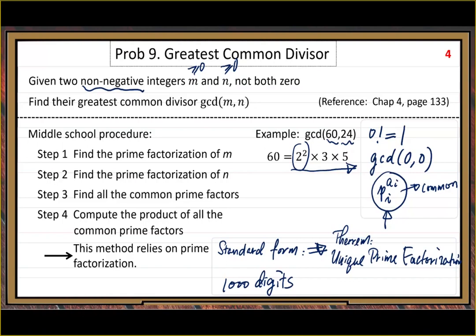Prime factorization on that 1,000 digit integer, even if you use the most powerful computer in the world, and not just one, but 100 or 1,000 together, so you can split the task, whatever you want, it's still taking months or years to do the prime factorization.